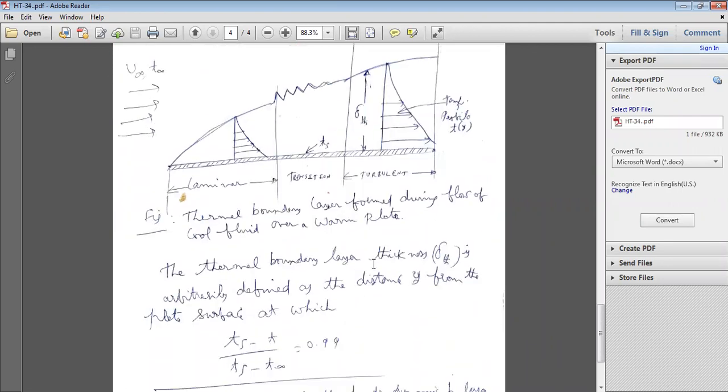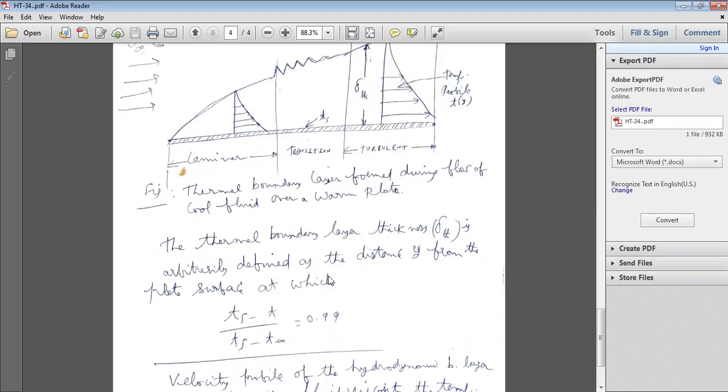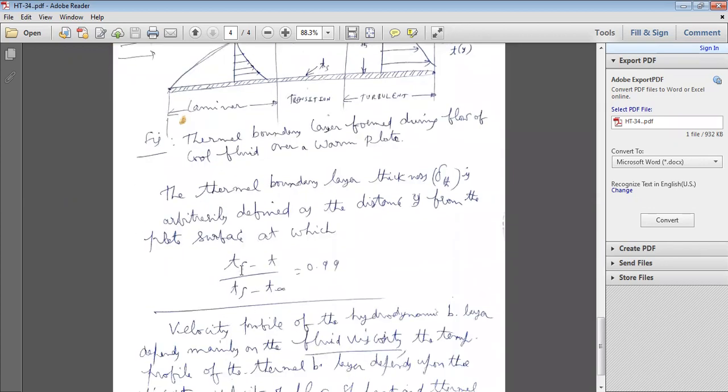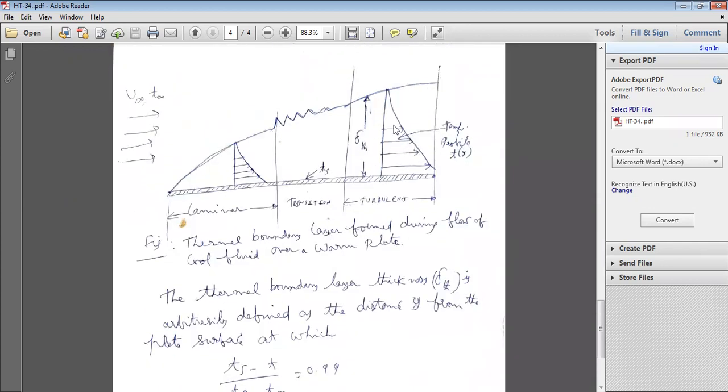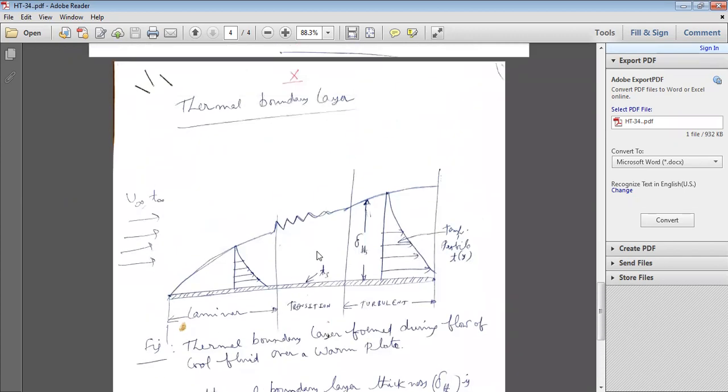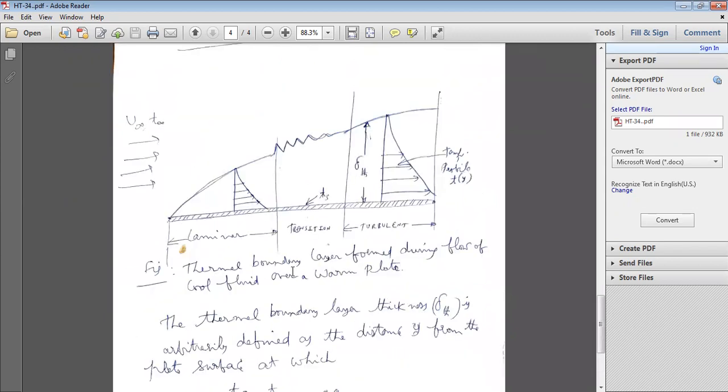So now the thermal boundary layer thickness delta T is arbitrarily defined as the distance from the plate surface at which Ts, the surface temperature, minus T, the temperature at any point, divided by Ts minus T free stream temperature.